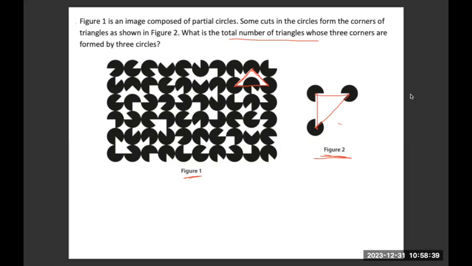All right, let's do this. The kind of triangles that we find here, we will go column by column. Okay, that's easier.